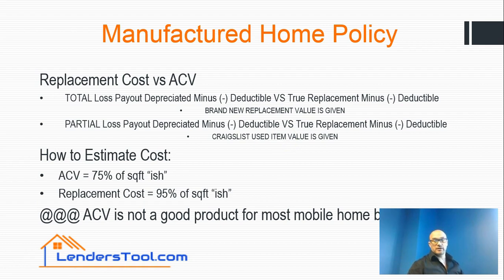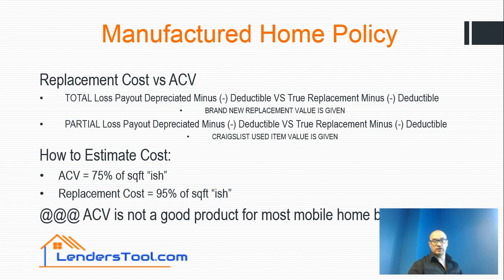So really, guys, what you're talking about is, do you want them to be able to go out and buy a brand new 2018 manufactured home to replace the one they lost and buy brand new stuff in their home? Or do you want them to be able to only go out and buy another used trailer to roll in there?